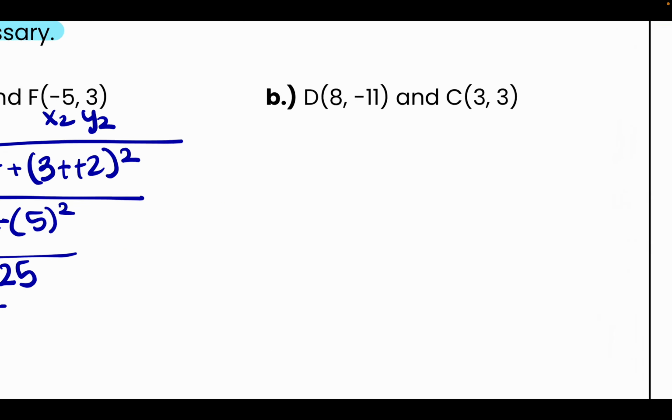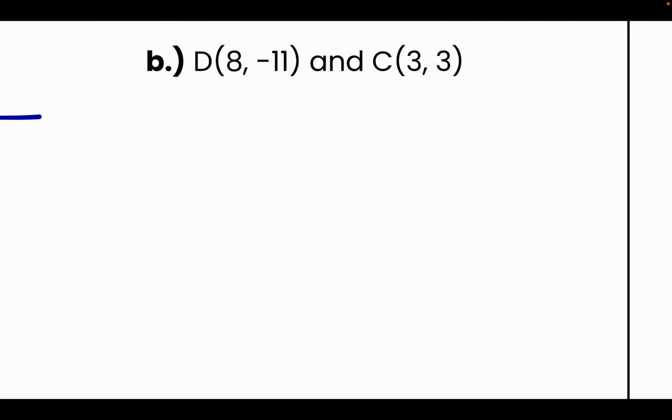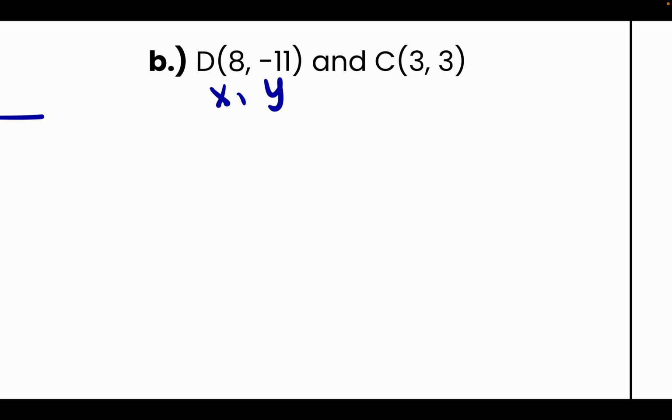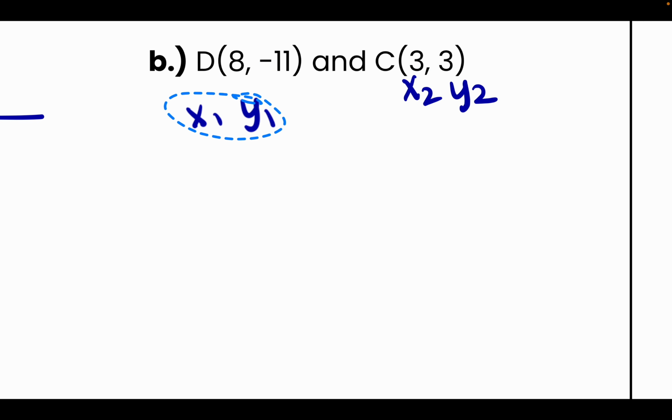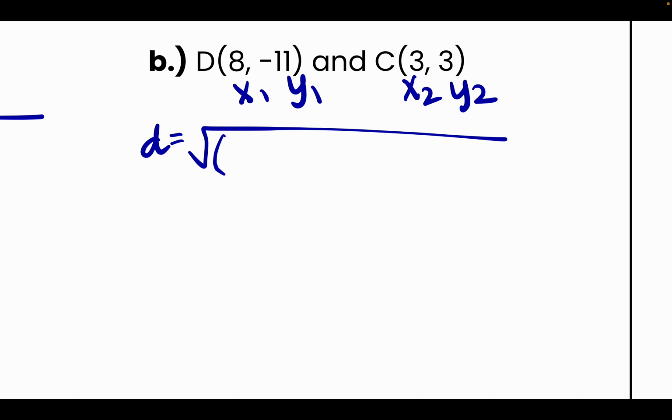Okay, next problem. Again, first thing I want you to do is label x1, y1, x2, y2. It is important to keep the 1's together and the 2's together. It doesn't matter the order. I honestly could flip them around if I wanted to, but all that matters is that the 1's are together and the 2's are together. So the distance is equal to the square root of x2 minus x1 squared plus y2 minus y1 squared.